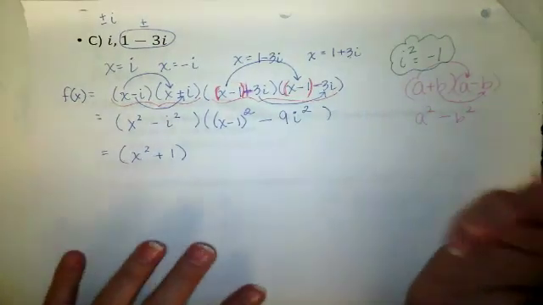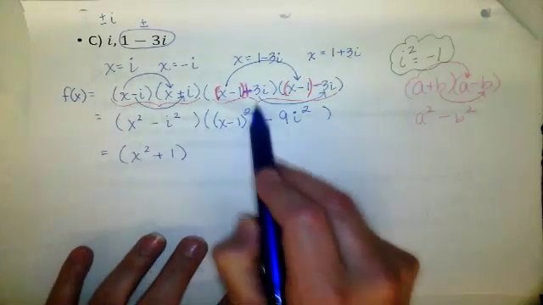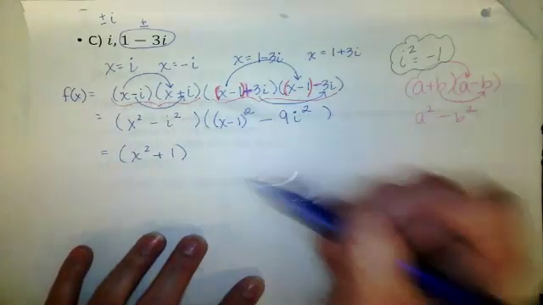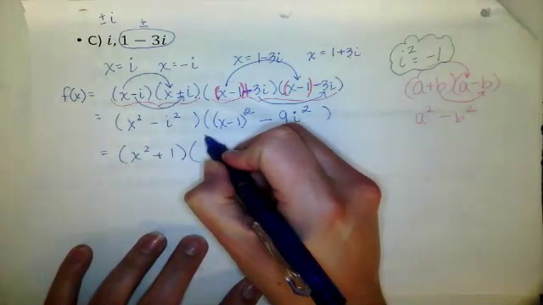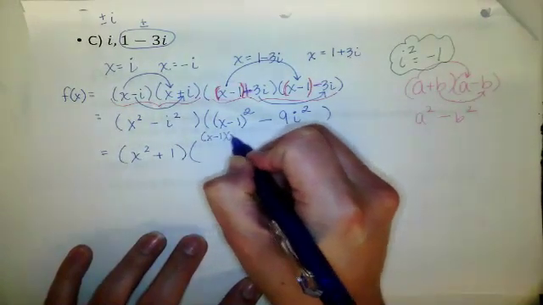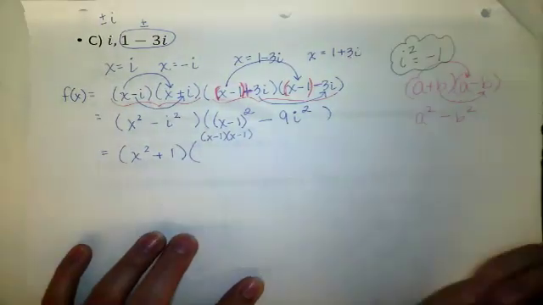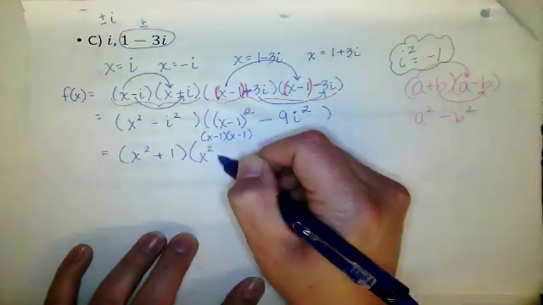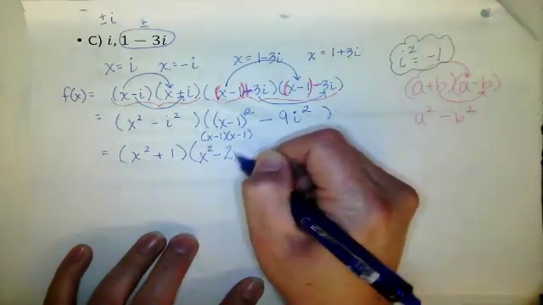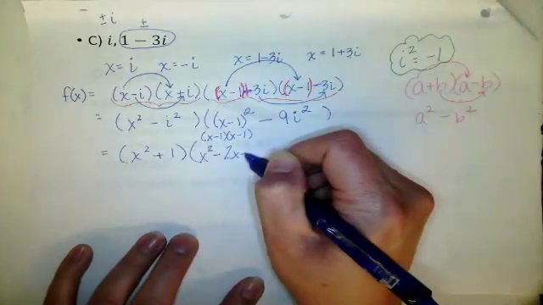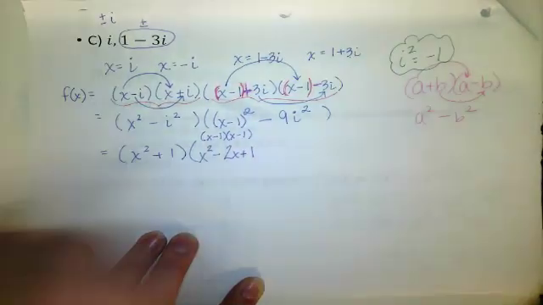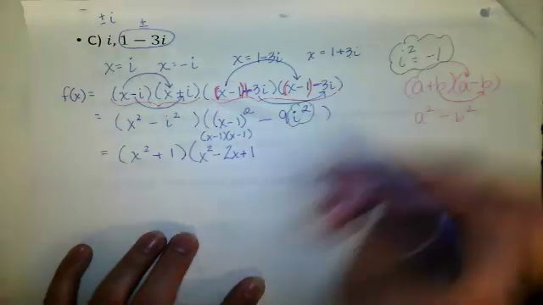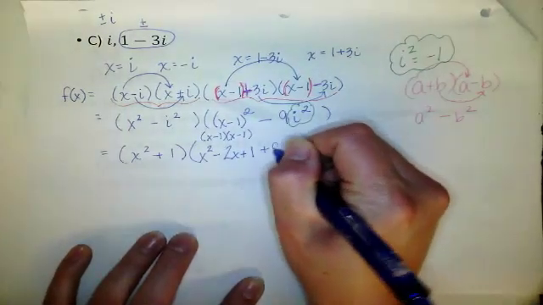I'm going to do that in a minute. This is the hard part. This is x minus 1 quantity squared. What do you have to do for that? Yeah, distributing it out. It's x minus 1 times x minus 1, which is x squared minus 2x plus 1. Good. And the negative 9i squared turns into positive 9.